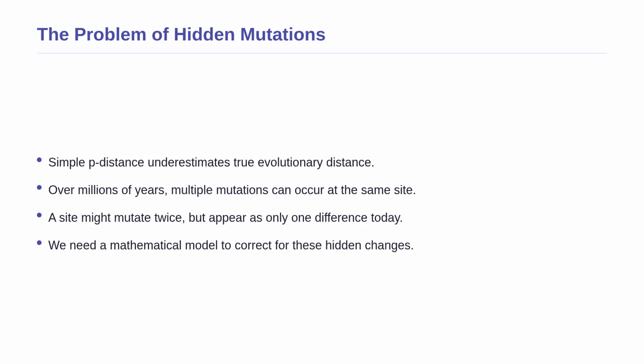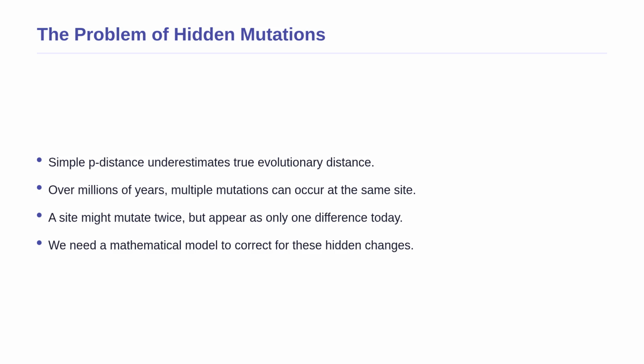Having calculated the simple genetic distance, we must now address a major limitation. The simple p-distance actually underestimates the true evolutionary distance. Why? Because over millions of years, multiple mutations can happen at the exact same genetic spot.